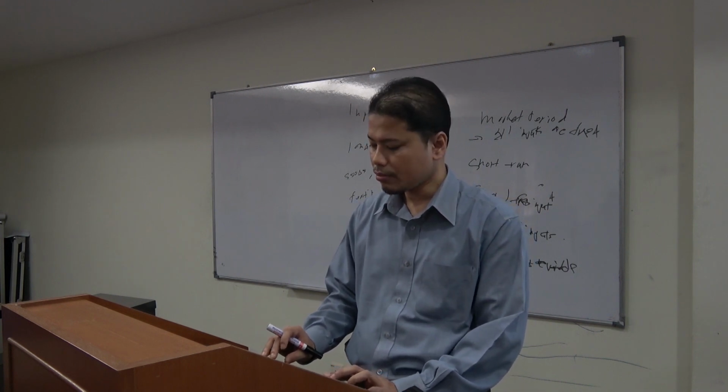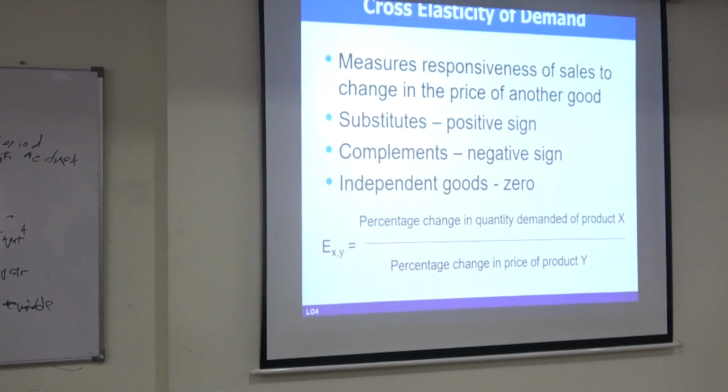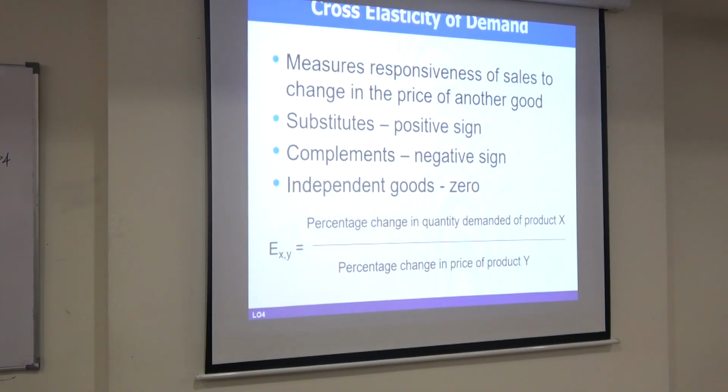Now we move to the third type of elasticity, which is cross price elasticity of demand. This is different from the price elasticity of demand, because price elasticity of demand only looks at the relationship between the price of product X and the quantity of product X, the price and quantity for the same product.